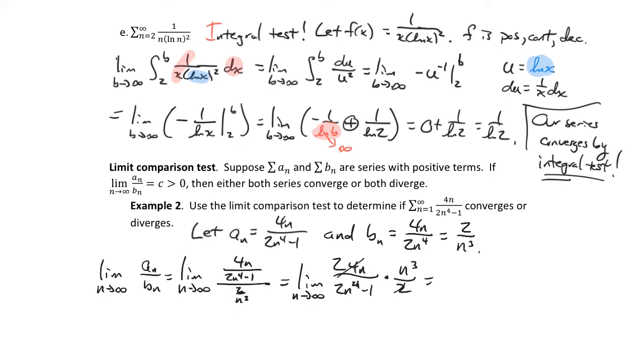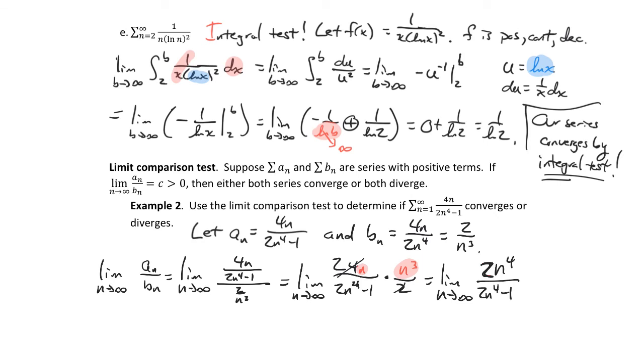And we end up with the limit as n goes to infinity of n to the fourth, that n to the fourth coming from the n and the n cubed. However, I did forget the 2 that was there, divided by the denominator, which is 2n to the fourth minus 1.